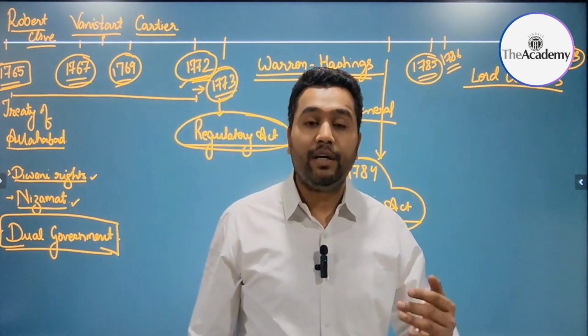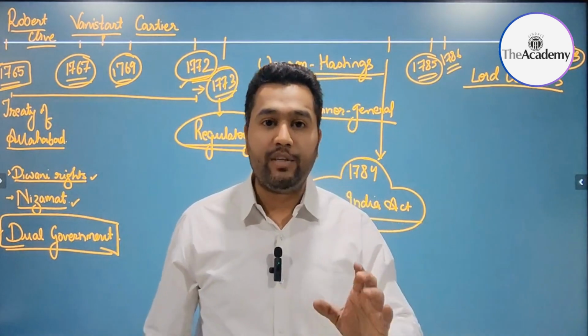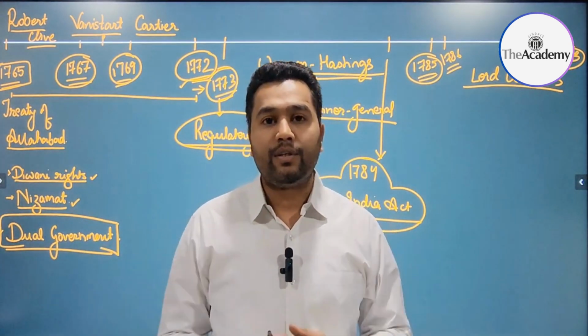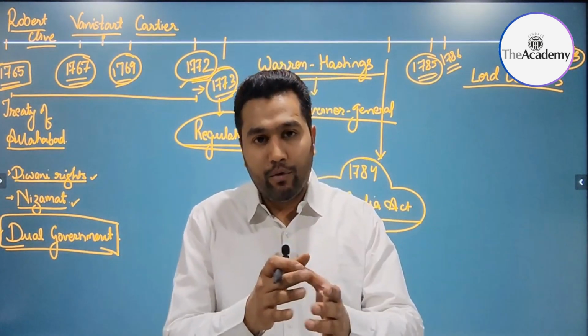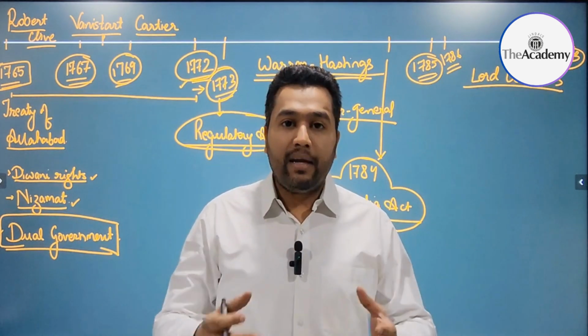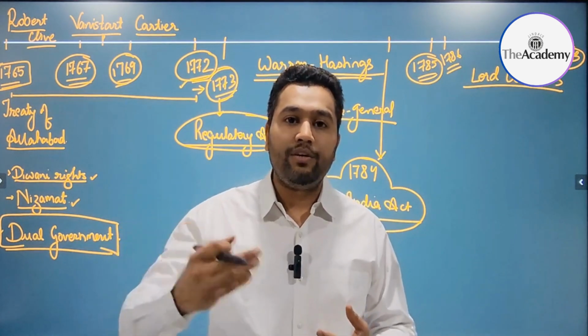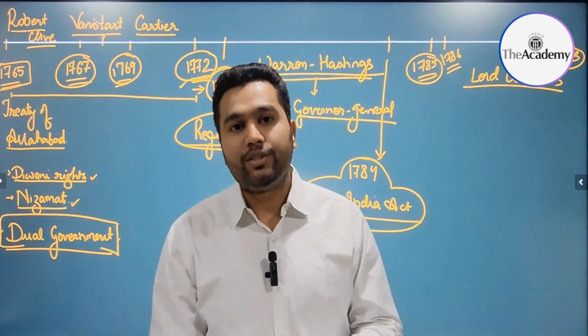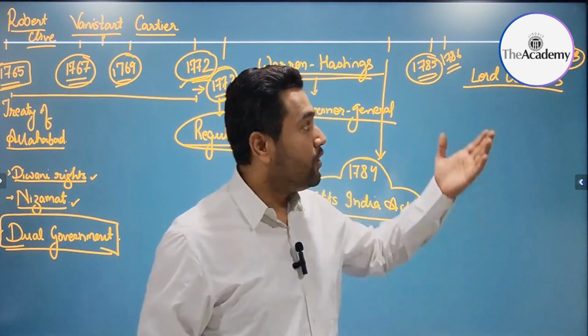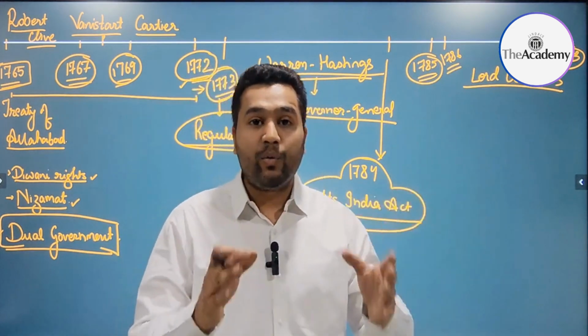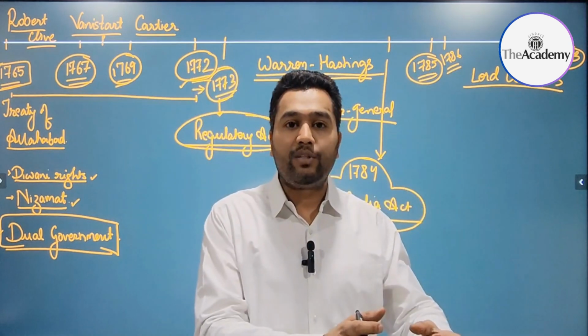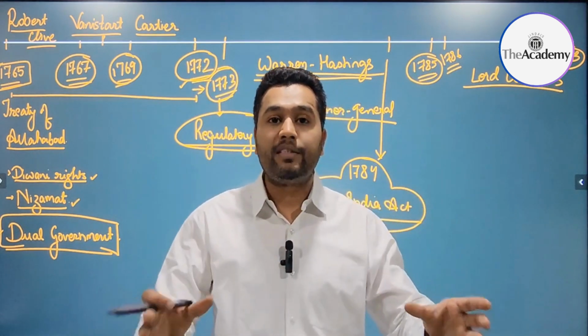So Lord Cornwallis came out with his Cornwallis Code, which led to codification of laws. He removed all Indian judges, and now the higher judiciary was manned by European judges. Lord Cornwallis did away with quinquennial settlement and annual settlement and introduced the Permanent Settlement Act.